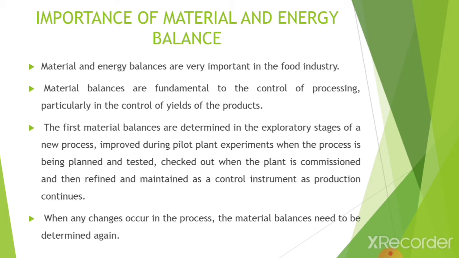We cannot directly apply on the system, but when any changes occur in the process, the material balances need to be determined again. So this is the most important sentence, because if there is a change in the value of the material entering into the system, that will affect the material balance. So it needs to be determined again.